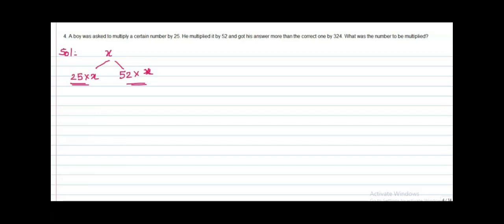So 25x is the actual one, which is going to be less than 52x. So 52x minus 25x is equal to 324, or 27x is equal to 324, which is nothing but x is equal to 324 by 27, which is nothing but 12.